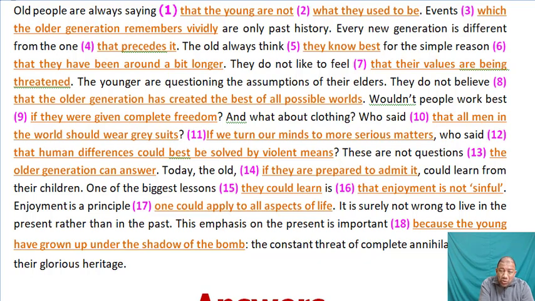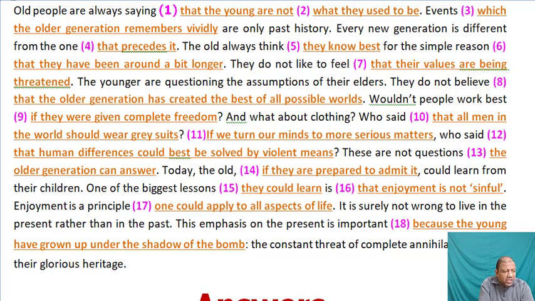This is a restrictive adjective clause, the same, introduced by the missing relative pronoun, which is which, because we could say enjoyment is a principle which one could apply to all aspects of life. So pay attention here. These are 3 questions which are tricky. Only a few students are going to be able to know it.